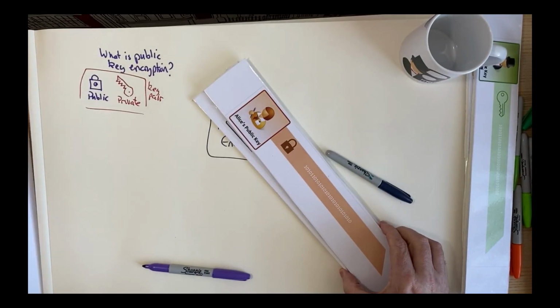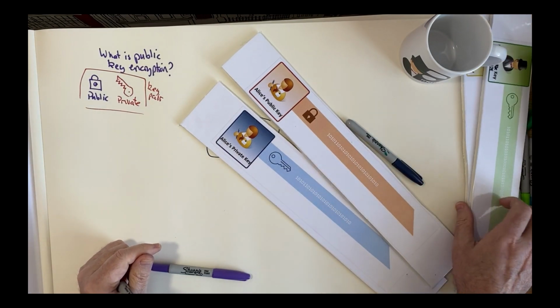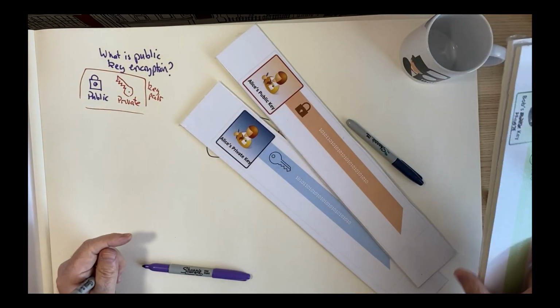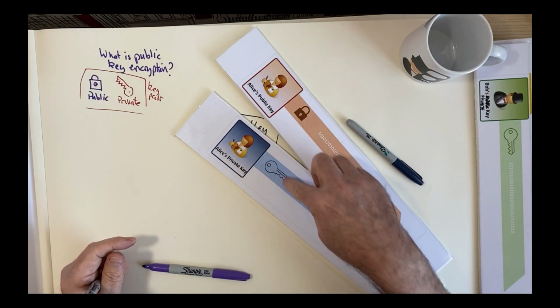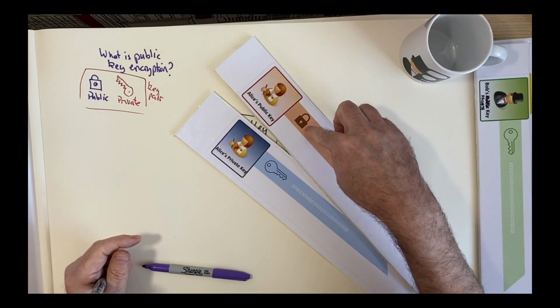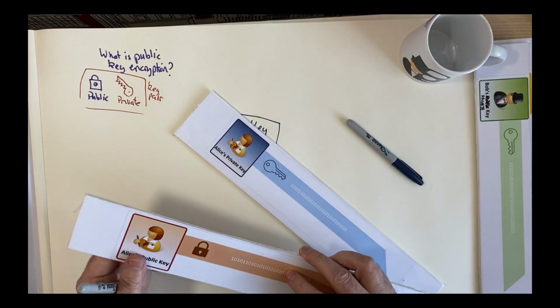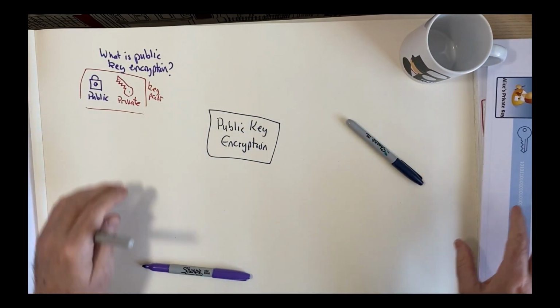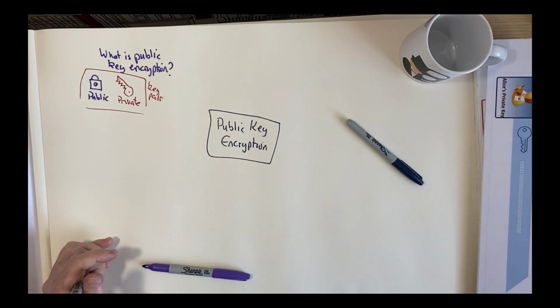But let's not go into the usage of digital certificates, just that Bob and Alice have each got a public and a private key. Private key is our key, and then the public key is our padlock. Encrypt with one and decrypt with the other one. And it doesn't matter which way round that we do it, we can encrypt and decrypt with each one.